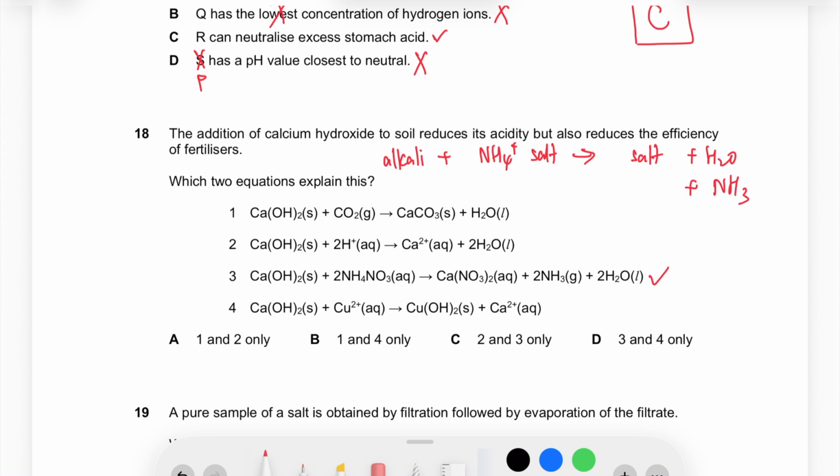This is definitely correct. And next, you reduce its acidity, so it reacts with the acid. This is good. So the answer definitely is 2 and 3, C.